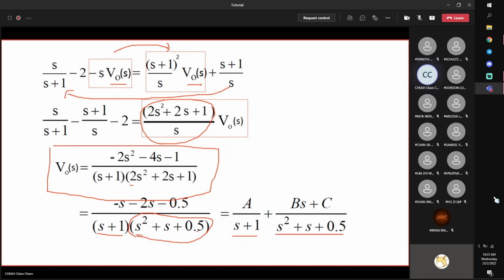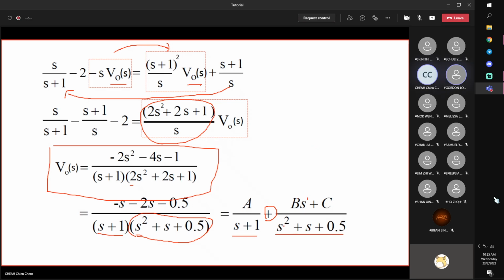Which means that I can only express it as a linear combination of two fractions. One is first order, the other one is second order. For the first order, the numerator is one order less, so it's constant. For this s squared, one order less, s1, and then plus a constant. So the numerator is always one order less.